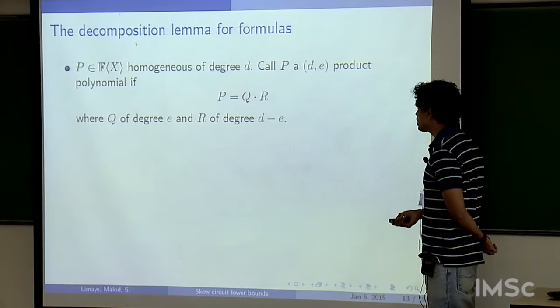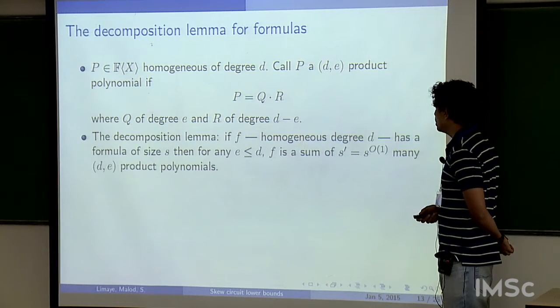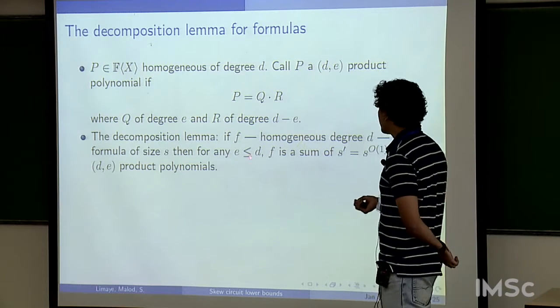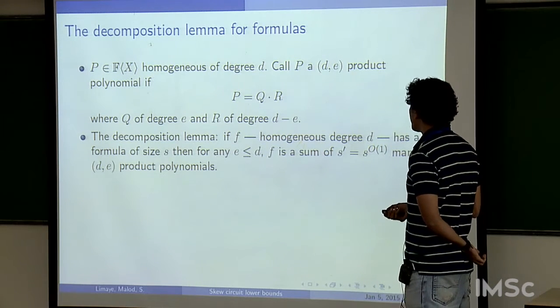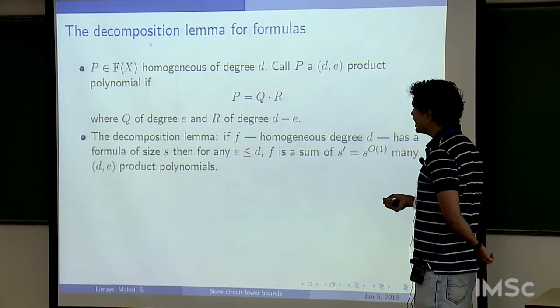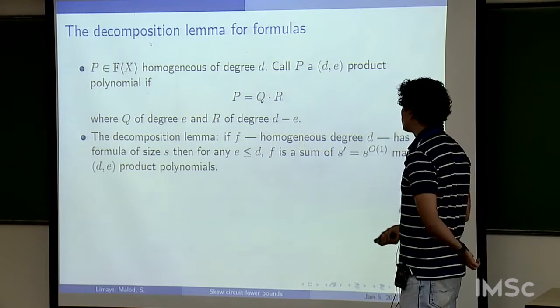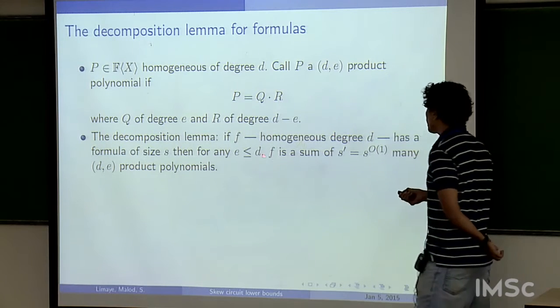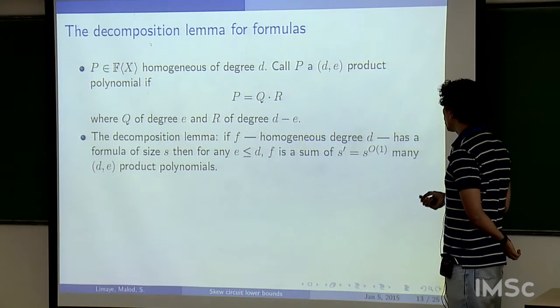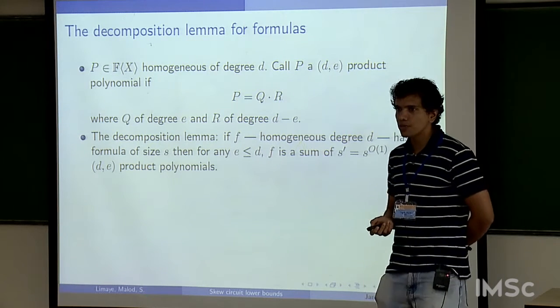Here's Nissan's decomposition lemma in terms of these product polynomials. He said that if a homogeneous polynomial f of degree d has a formula of size s, then for any e less than or equal to d, where e is a parameter that you can choose however you want, f is the sum of only polynomially many in s product polynomials with these parameters.